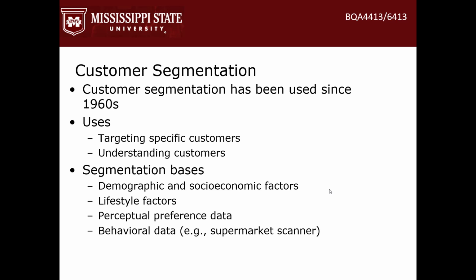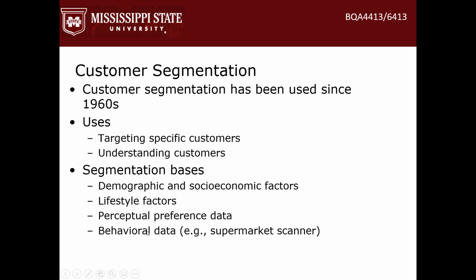We also have lifestyle factors: how many hours do I exercise a week, what do I eat, etc. We can also have perceptual preference data. I could ask directly, how do you rate this specific car? Rate the different attributes on scales from 1 to 10. Or do I prefer the Nissan Sentra or the Hyundai Accent? So we ask people to give a series of comparisons of different brands and whether they prefer them.